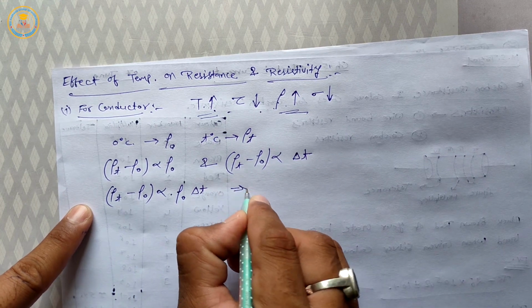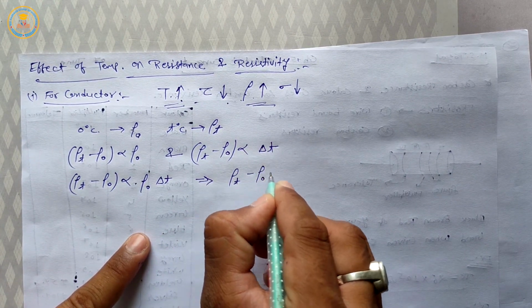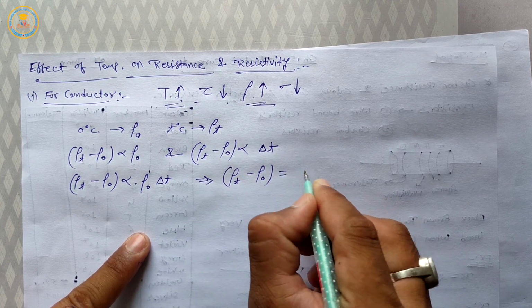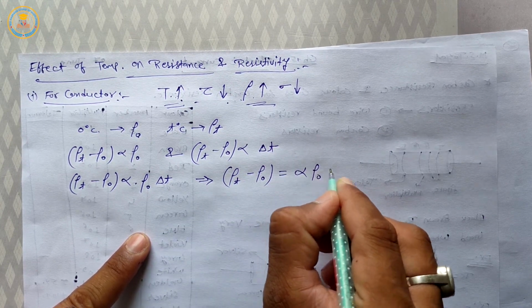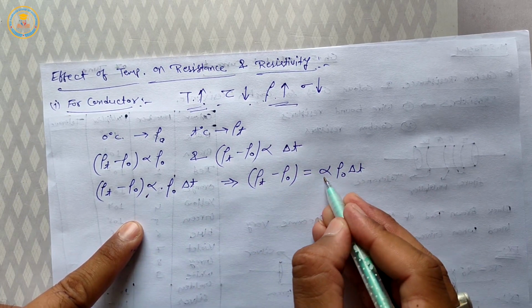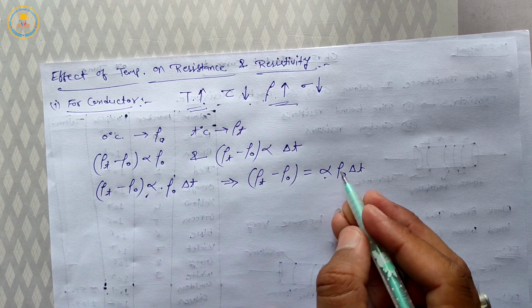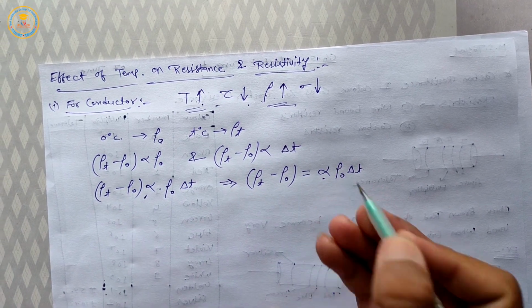If we remove the proportional sign, then rho T minus rho 0 is equal to alpha rho 0 del T, where alpha is a constant, the temperature coefficient of resistivity.